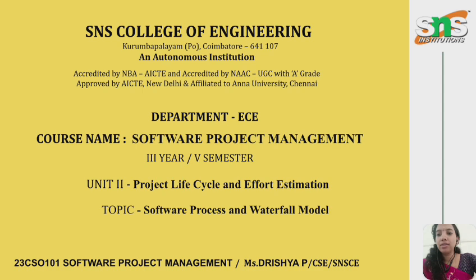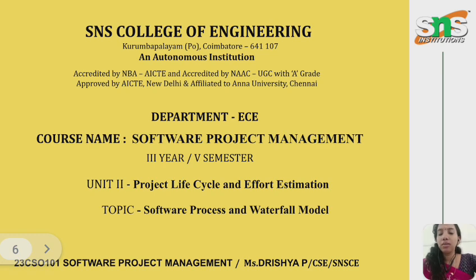So we are discussing software project management. The second unit is project life cycle and effort estimation. We have already completed the first topic, software process. Software produces different kinds of models.